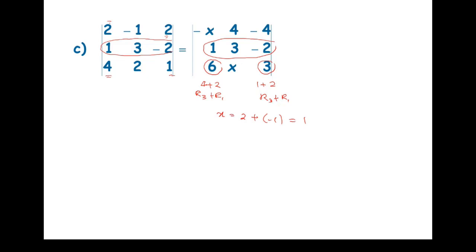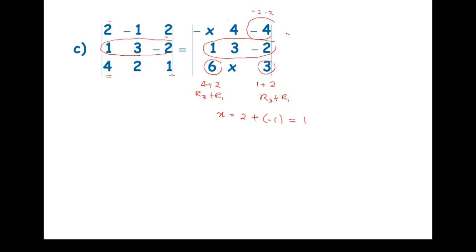We can also find x by using the first row. Let's see how to get the right side from the left side here. To get negative 4 here, it is negative 2 minus 2.